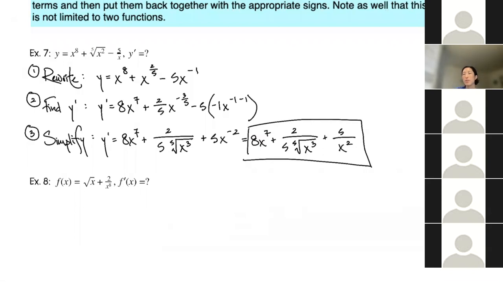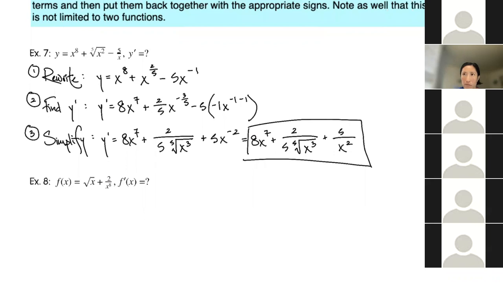How did we know which power of x to use from the original equation? Are you talking about the rewrite step? Like, how do you know when to rewrite things? Once we rewrite it, we have x to the 8 and x to the -1. So you only really did manipulations with the power rule for the -5 x to the -1.